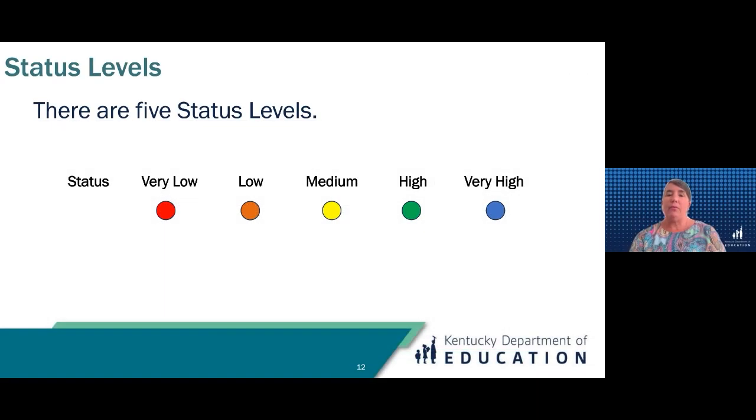With the status levels, there are 5 status levels going from very low to very high, and you'll see those colors indicated on the screen. That concludes that particular piece on status.